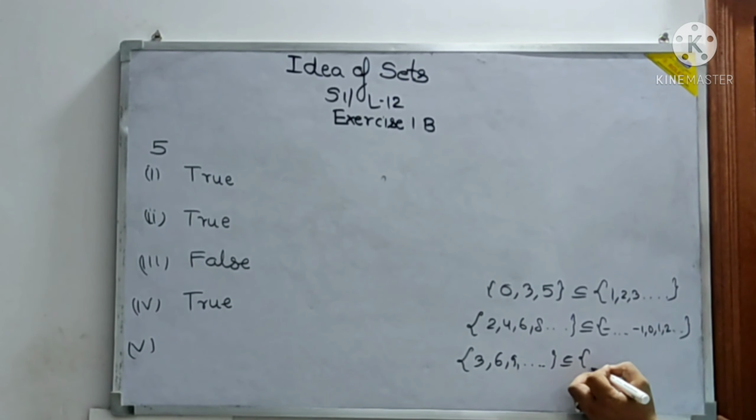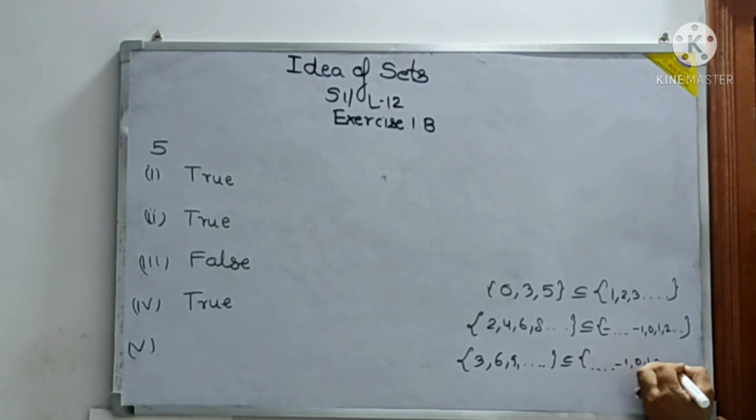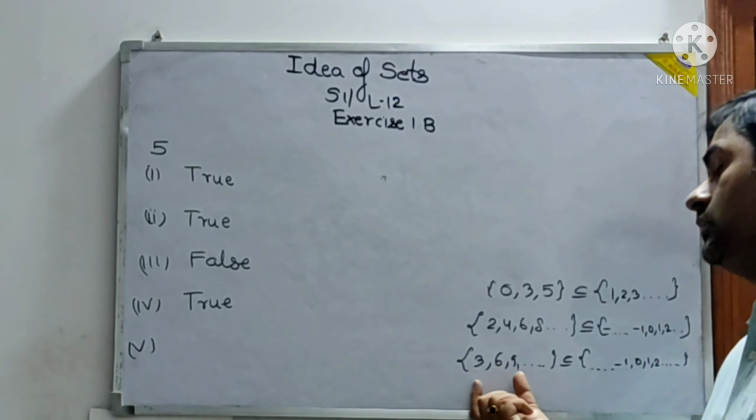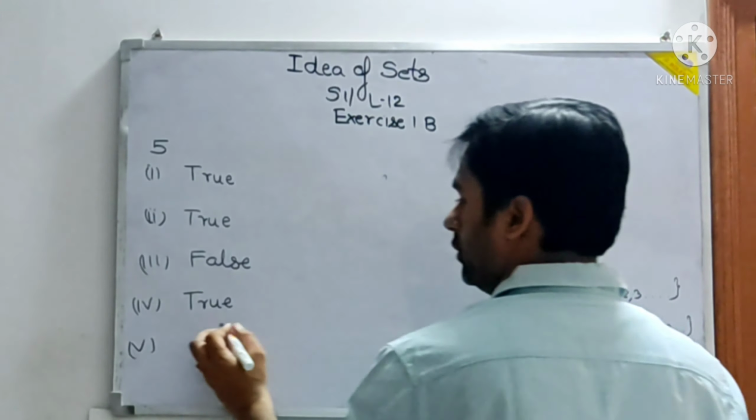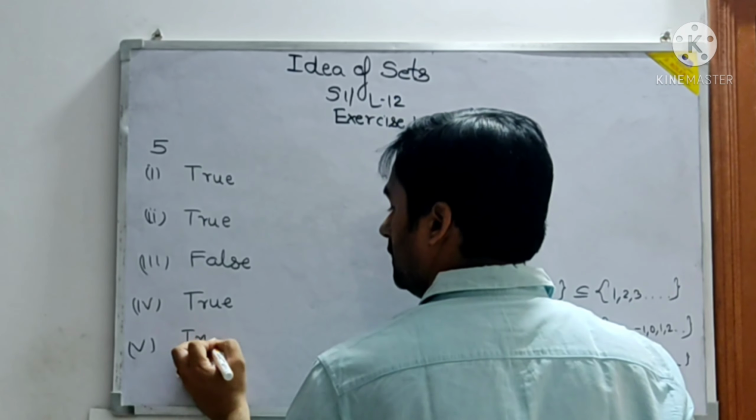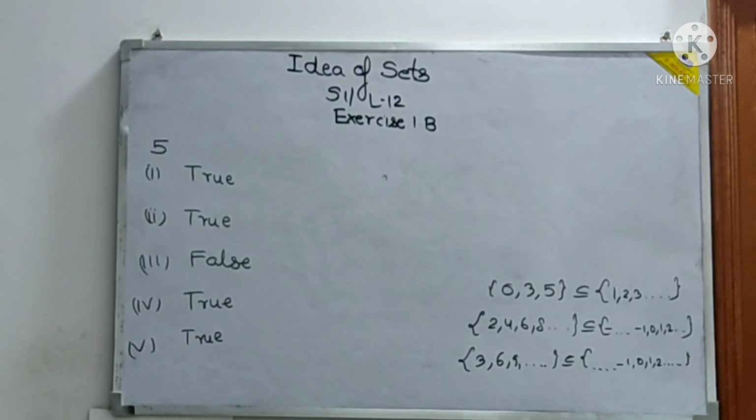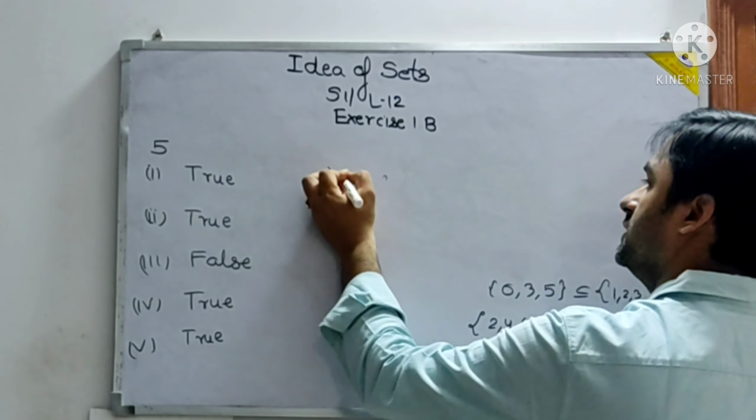Yes, again dot dot dot, minus 1, 0, 1, 2 and dot dot dot. All the multiples will come in the integers only. So this is a subset of it. So the fifth part also will be true only. Then sixth part. What about the sixth part?